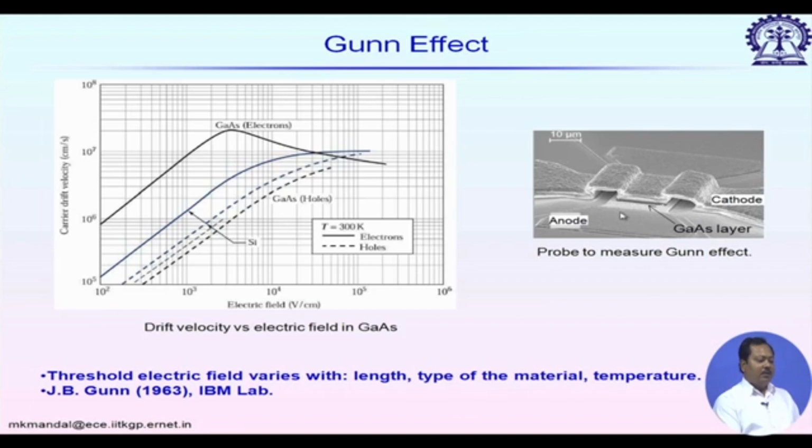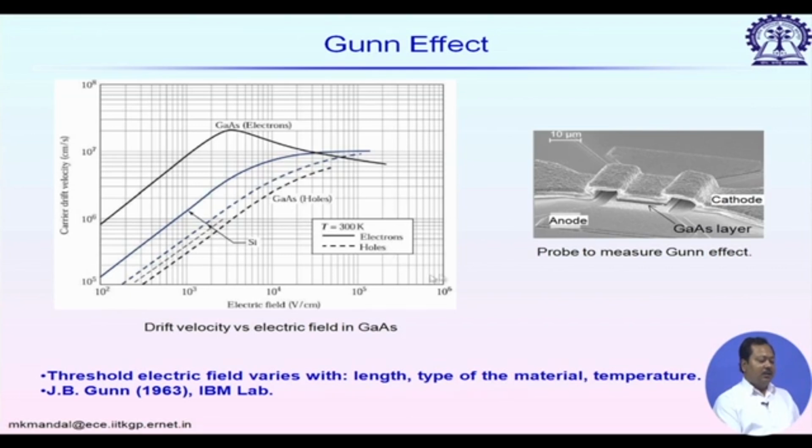It is using a chunk of gallium arsenide in between two metals. These metals are simply used for connections. One is used as cathode and another one as anode. Then the threshold field, where the velocity changes its slope, depends on the length of the material, the type of material, and also temperature.